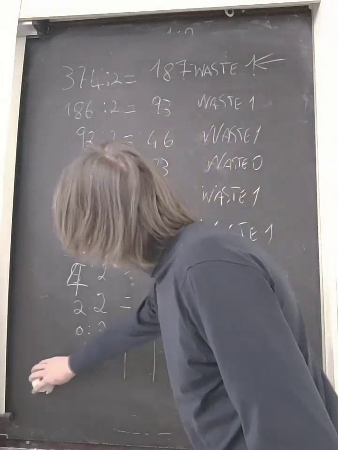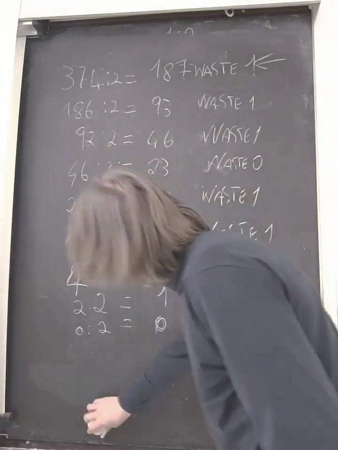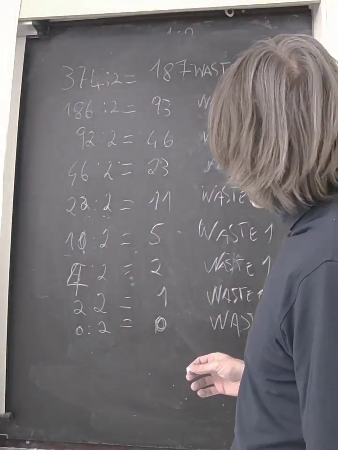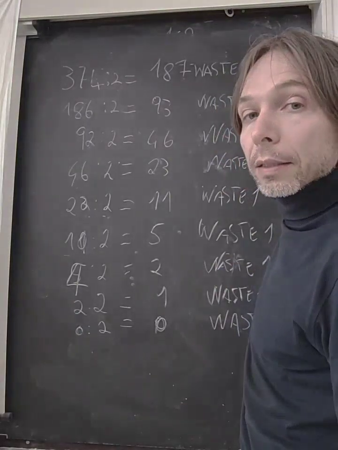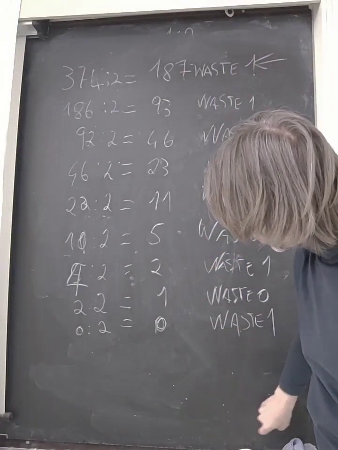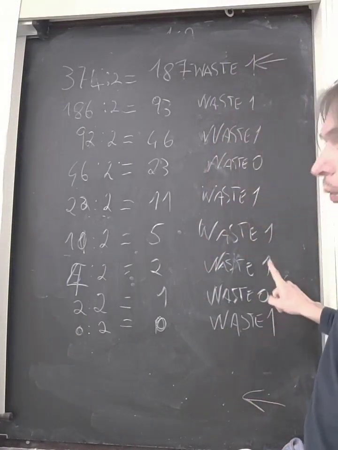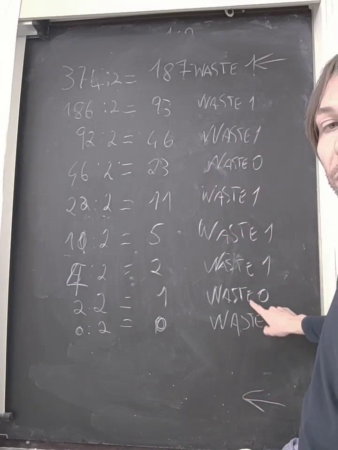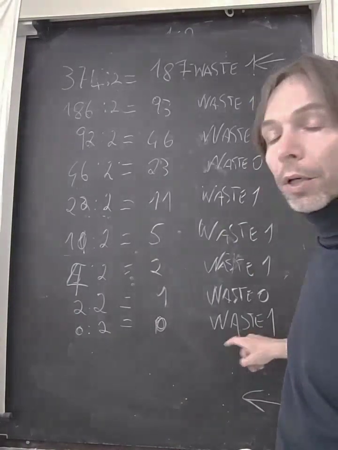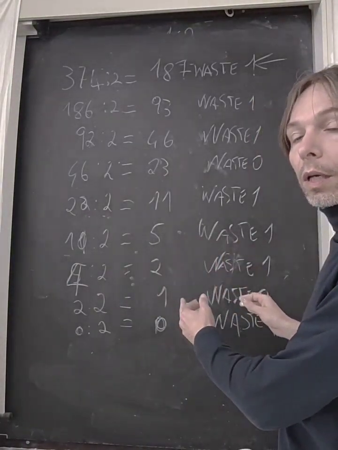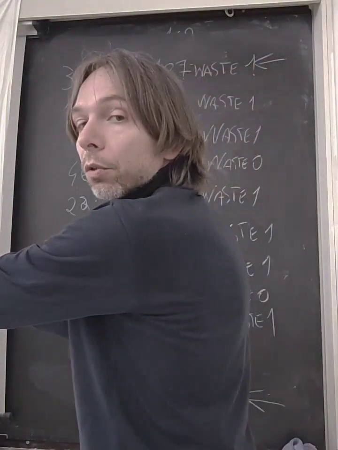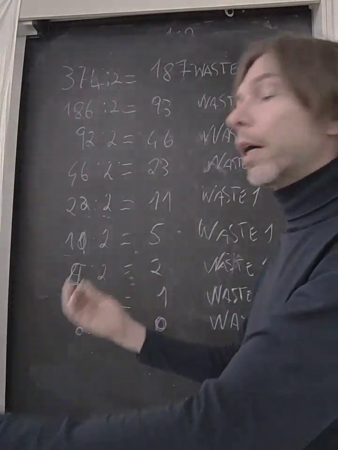So, put all the waste on the right way. These ones go here, while this waste represents a bigger number, because I start from unities and then 2 by 2 I move to the left where there are bigger values.